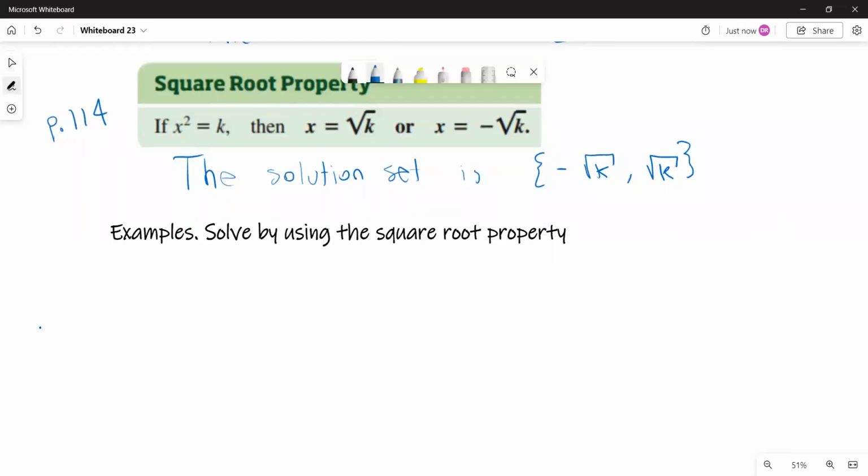In the first example, we are going to solve 2x squared equals 10. If we're going to use the square root property, we are going to isolate x squared. We can do this by dividing by 2. And x squared is 5.